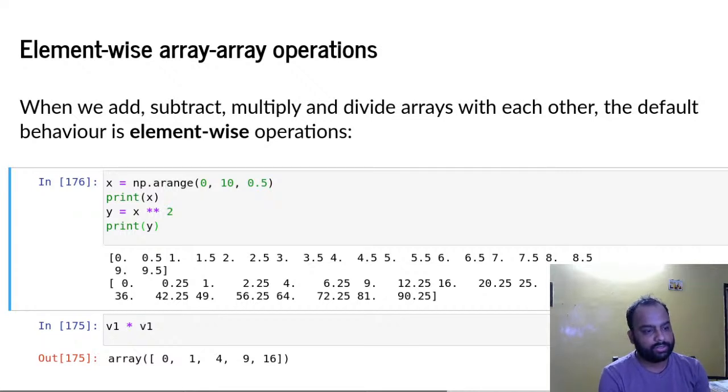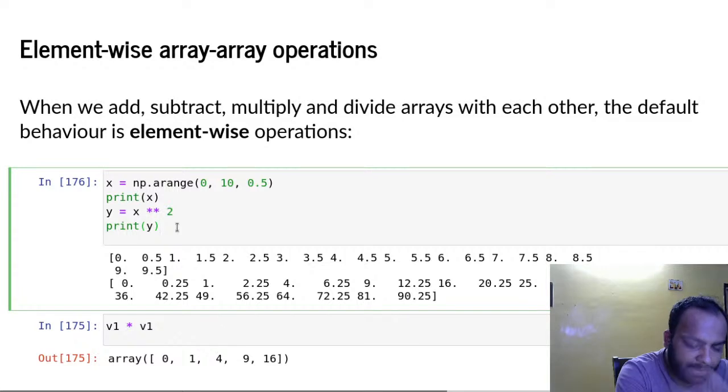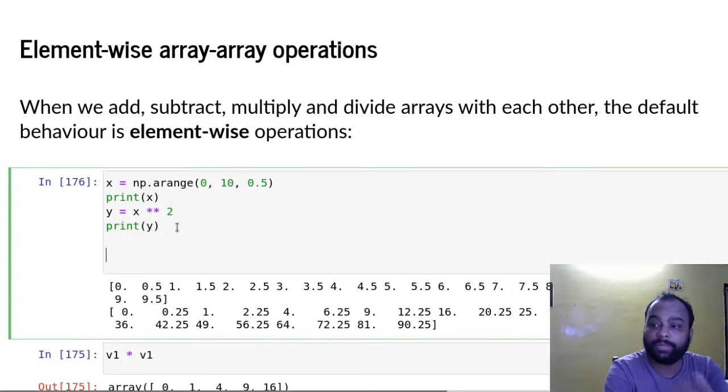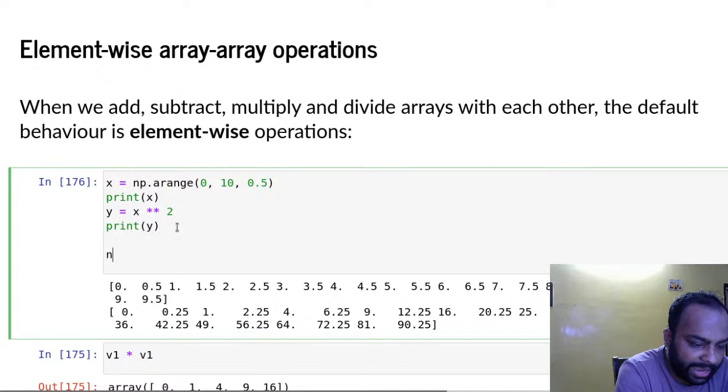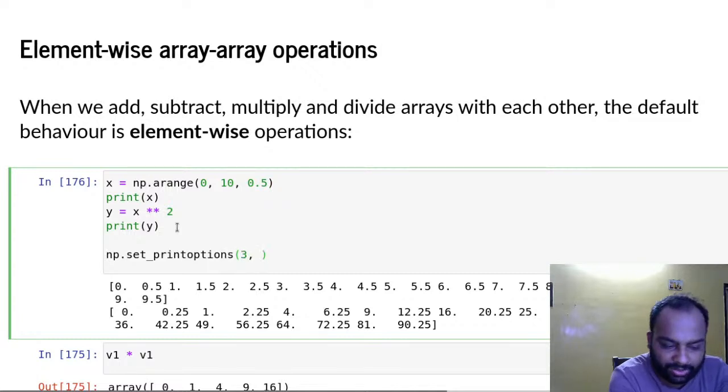After importing NumPy, if you want the numbers to be printed in a sensible manner, you can do np.set_printoptions and pass in 3. So you want 3 significant digits.